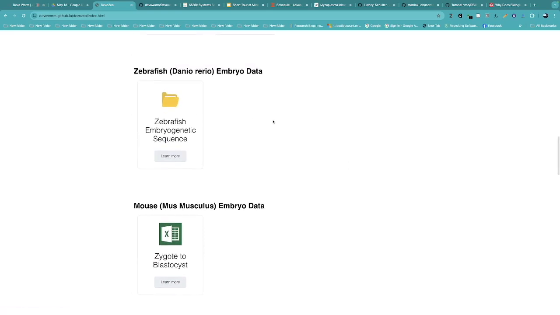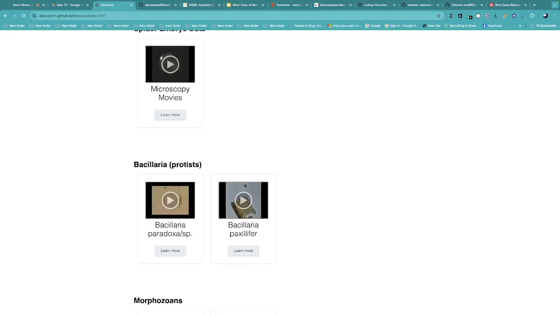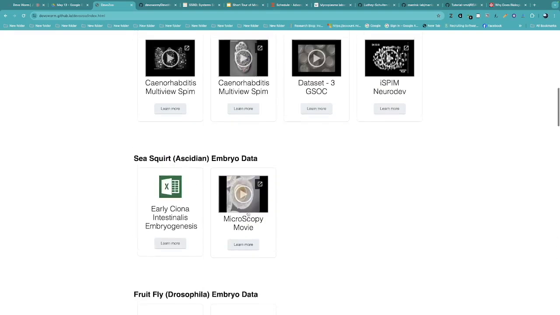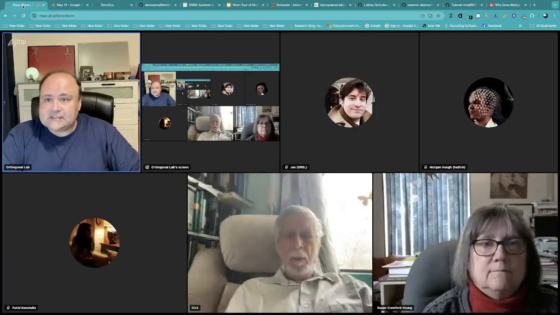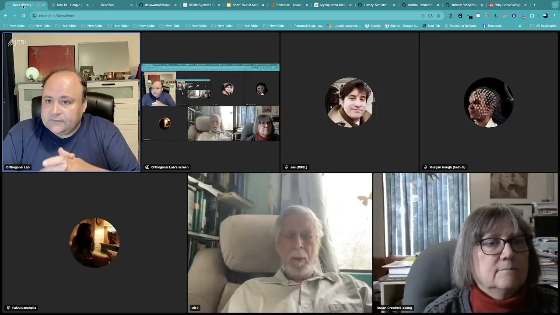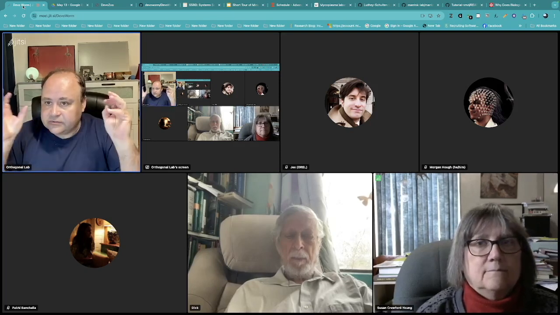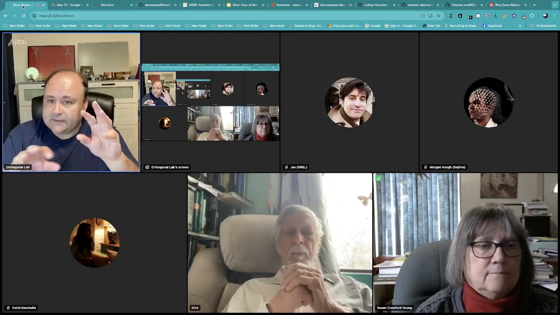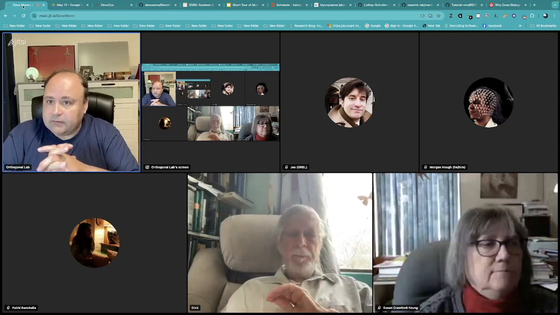We have zebrafish, mouse, spider, and then we have bacteria, which are single cell morphogenesis models. We have all these different data sets, and the idea is to get a good sense of how to characterize these different processes, how to extract features from the process, and then put it into an analysis or a model.